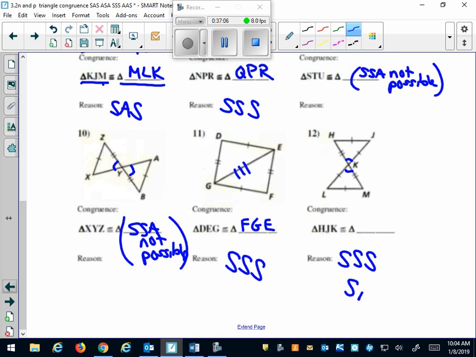You could do SAS. Actually, these are isosceles triangles, so we could mark that and that congruent as well. So this could really be any of them. SSS, SAS, AAS, could be any of them. All right, any questions on that page?